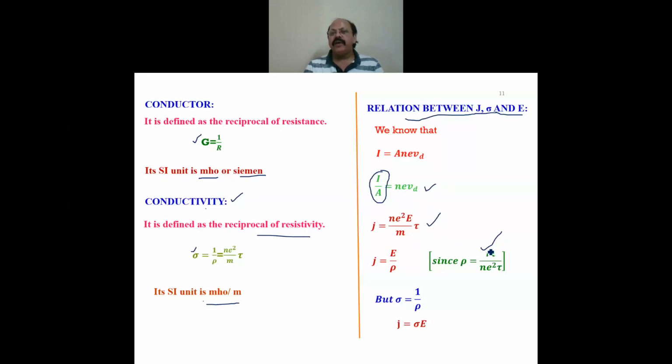But rho equal to m upon n e squared tau, then n e squared tau upon m can be written as 1 upon rho. So expression becomes J equal to E upon rho. But sigma equal to 1 upon rho. So substitute this value, you will get the relation J equal to sigma E. That is current density equal to conductivity multiplied by electric field. So this is the relation between J, sigma and E.